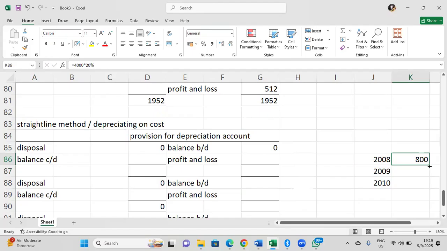So the difference is, if it's the straight line, the depreciation does not change. The amount you have calculated for the first year is the same throughout. Unlike the reducing balance method, if it's the straight line method, the depreciation is the same for all the years.